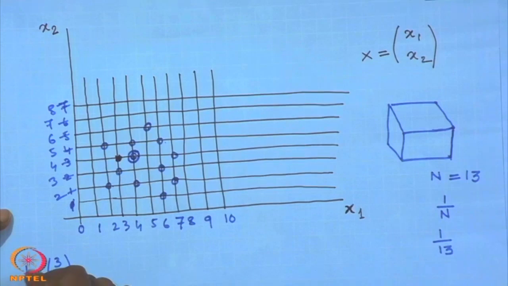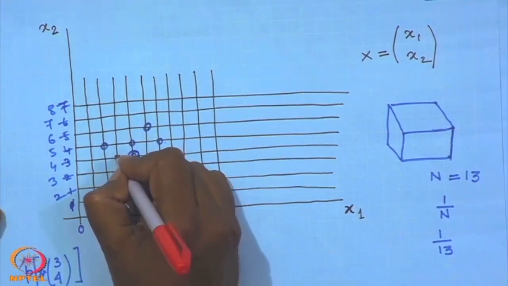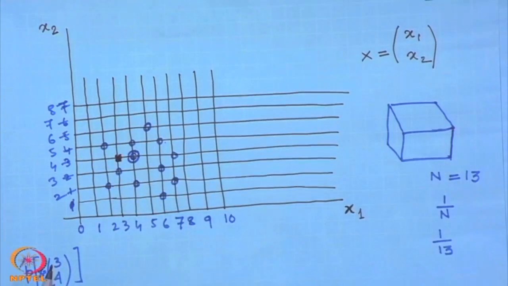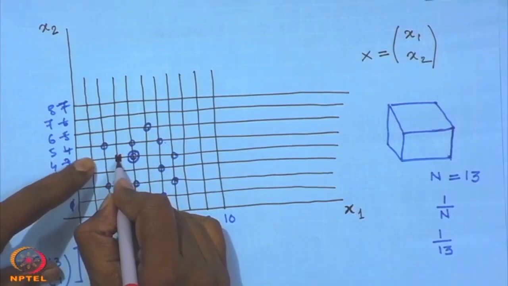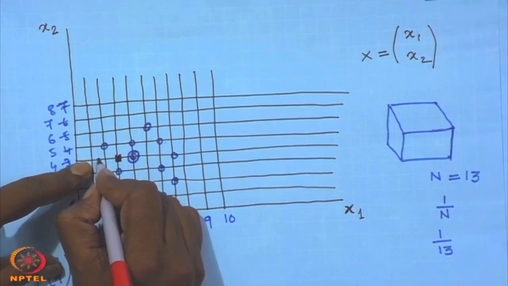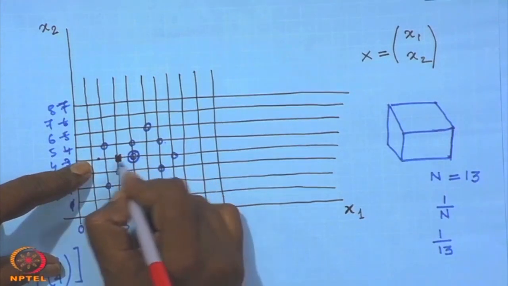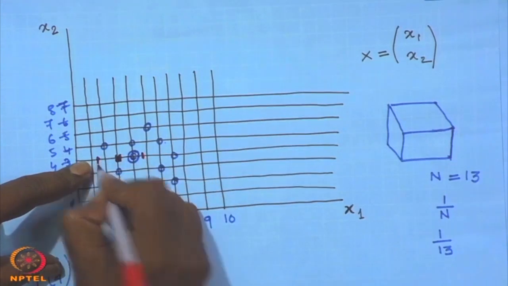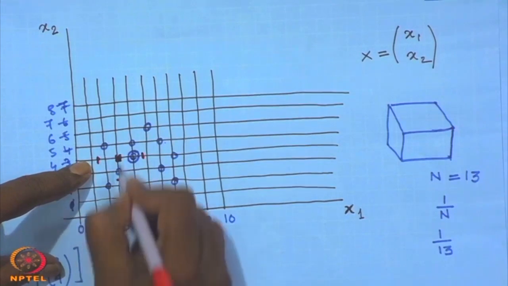I have to find out the probability density at x equal to 3, 4. So, what I do is, at this location I place this box, whose base is of size 3 by 3. 3 by 3 means it will be 1.5 on this side and 1.5 on this side. So, this box will span from here to here and here to here.